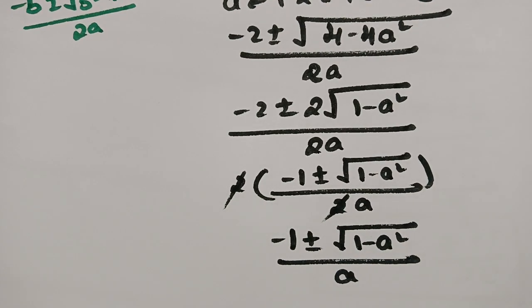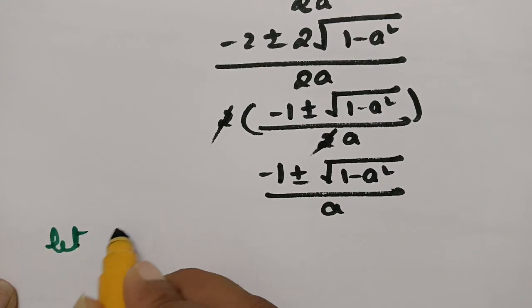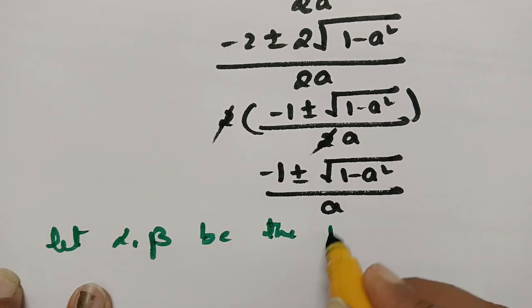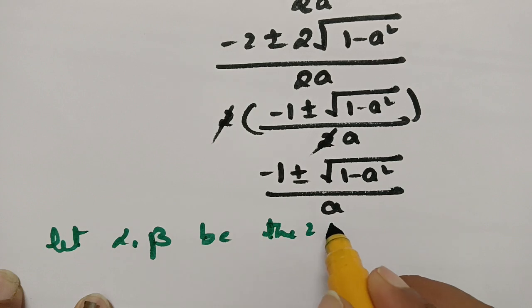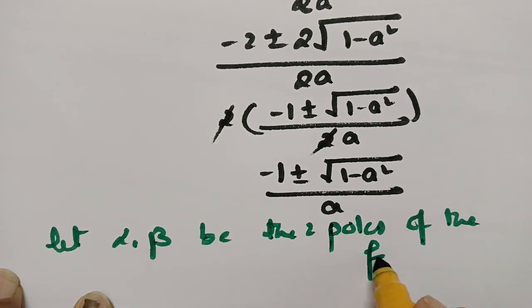So let us suppose that alpha and beta are the two roots, the two poles of the given function.